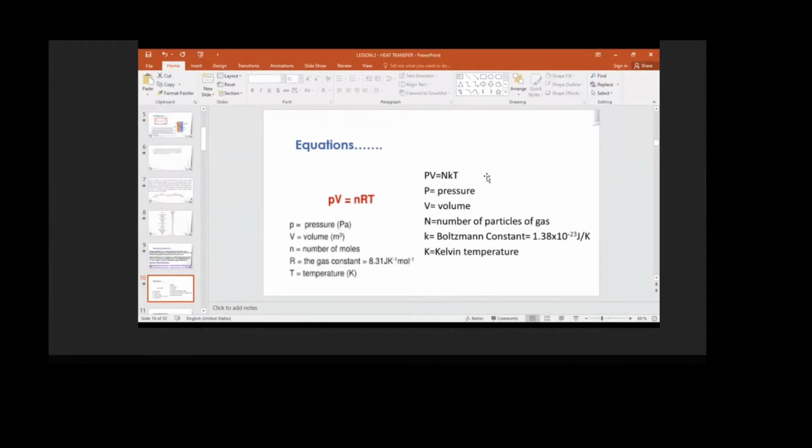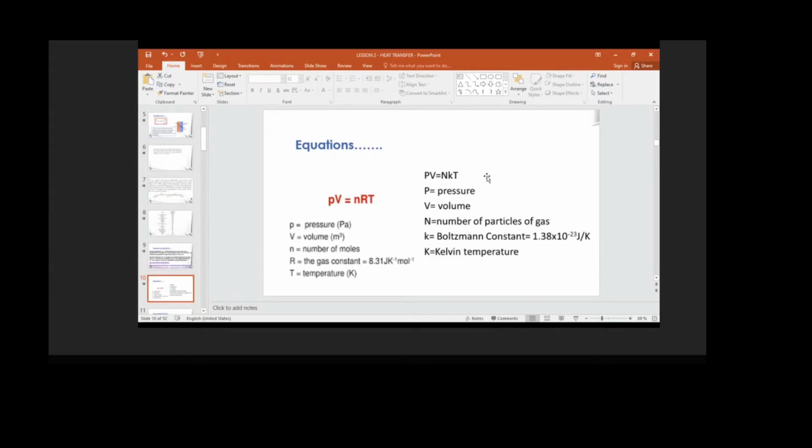All right. So it's important to know the difference in both equations, right? That small n in nRT is the number of moles, capital N in NkT is the number of particles of the gas. All right.